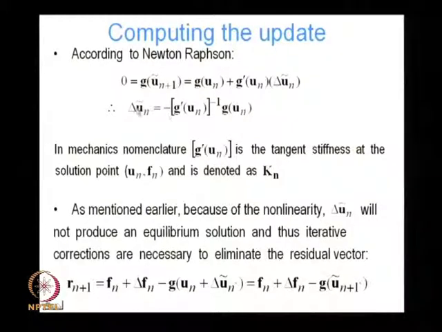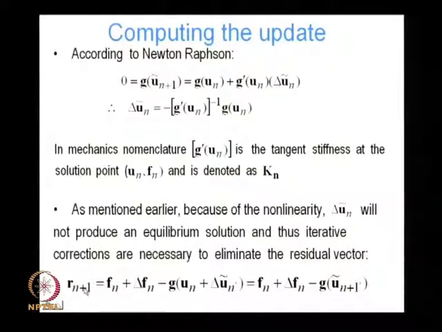In mechanics nomenclature, g prime of u n is the tangent stiffness at the solution point u n, f n, and is denoted as k n. Because of nonlinearity, delta u tilde n will not produce an equilibrated solution, and thus iterative corrections are necessary to eliminate the residual vector.